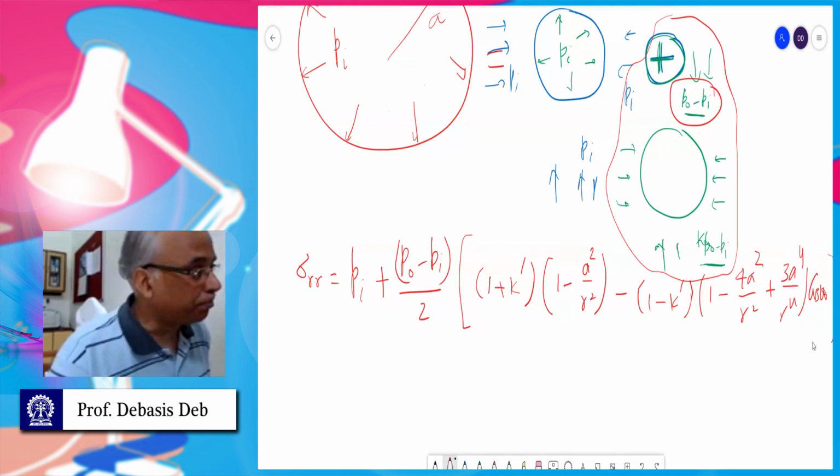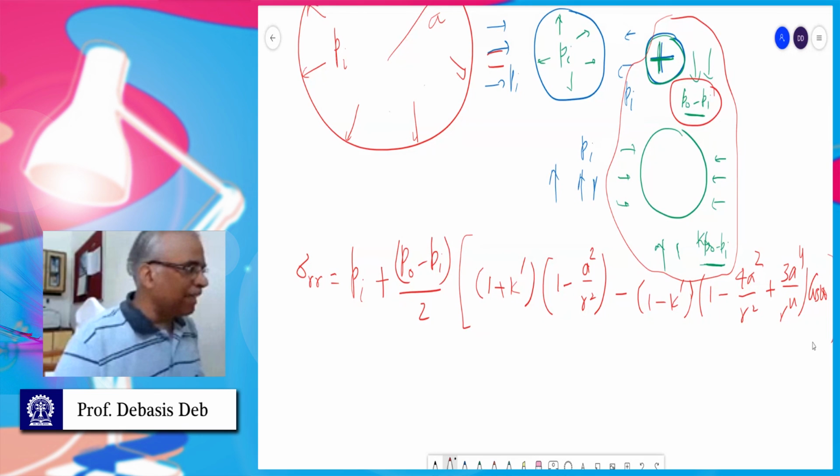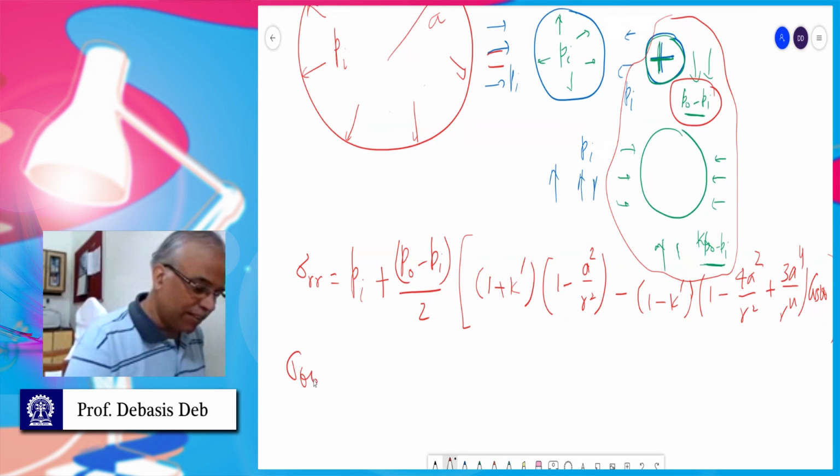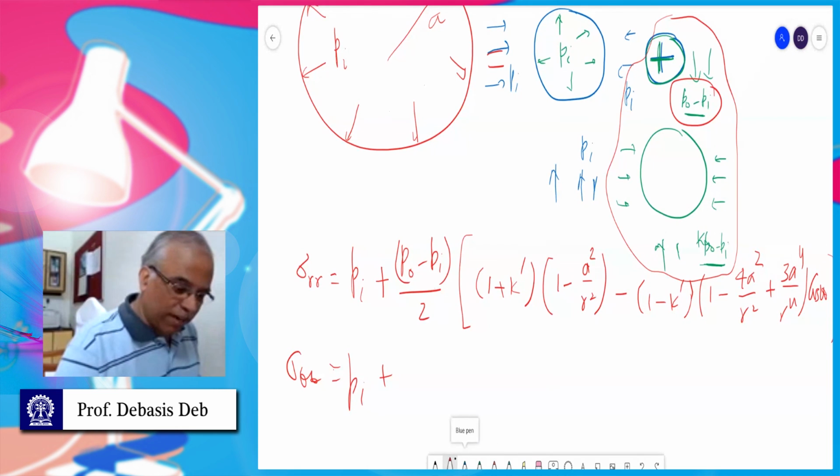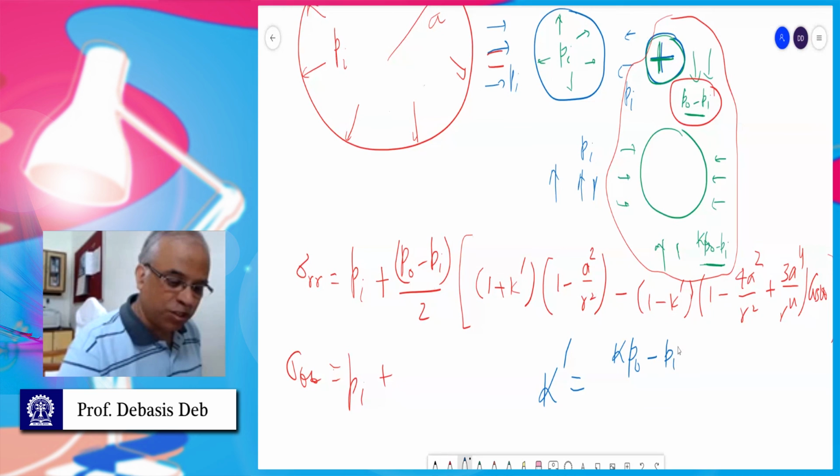They remain the same. Similarly, you can write sigma theta theta with Pi here and then plus similarly this you will write. Now what is this K dash? It is nothing but K P naught minus Pi by P naught minus Pi. This ratio, this divided by this.